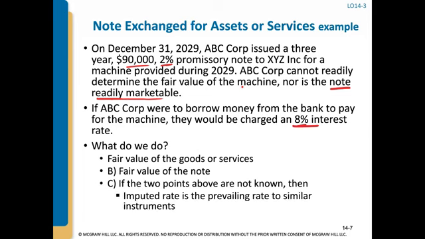So we have to impute an interest rate that is the prevailing rate for similar instruments. And we're told that if we were to borrow this $90,000 from the bank, they would charge us an 8% interest rate. So when we value this note, we have to use an 8% interest rate.